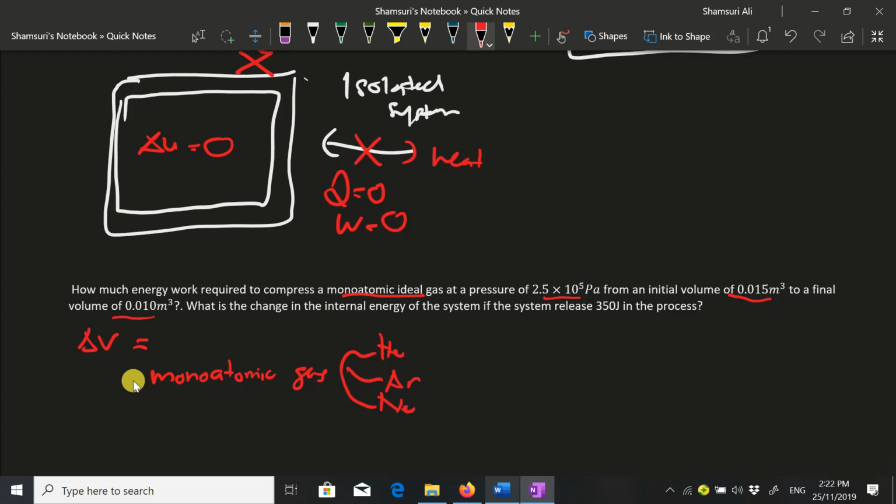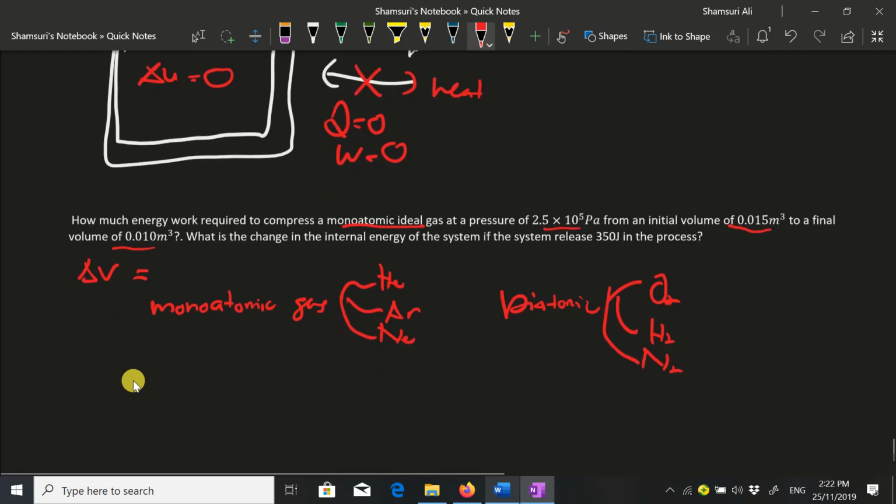We can also have diatomic gas, something like O2 oxygen, hydrogen, nitrogen. So this is diatomic gas. Or we can also have many atoms; we can call it polyatomic, or if three, triatomic. So polyatomic gas is something like silicon oxide, carbon dioxide. That's all, I think.